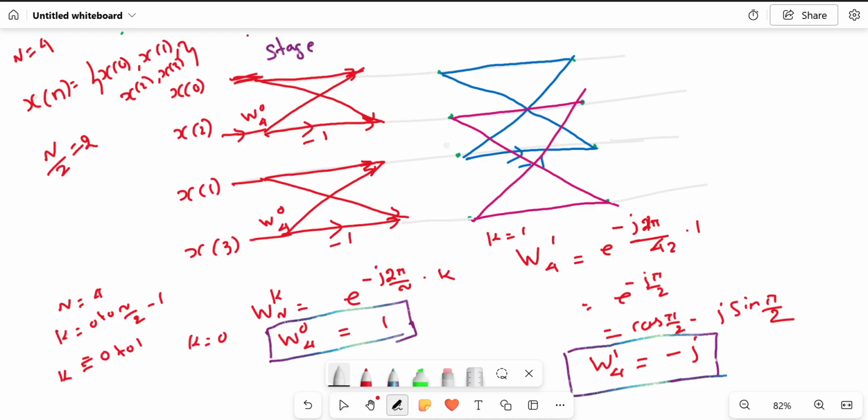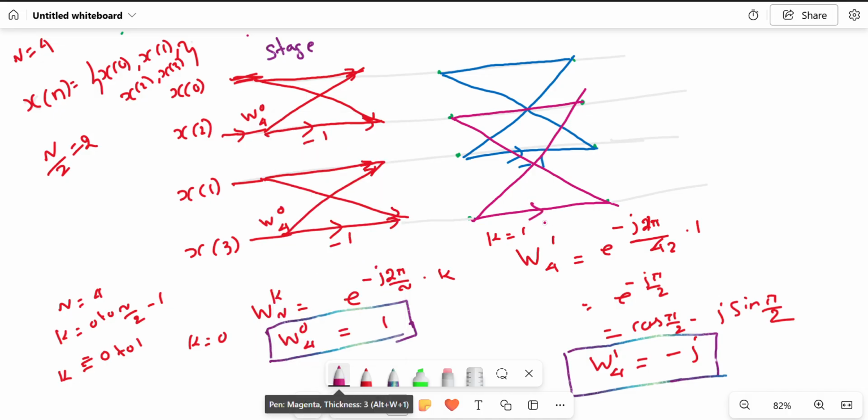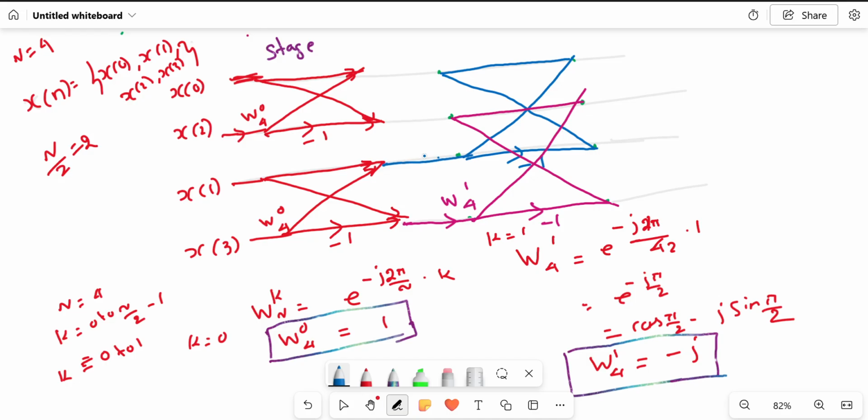So the lower wing should have -1. All butterflies' lower wing should have -1. So this twiddle factor is W14 and this twiddle factor should have W04, W04, W14.